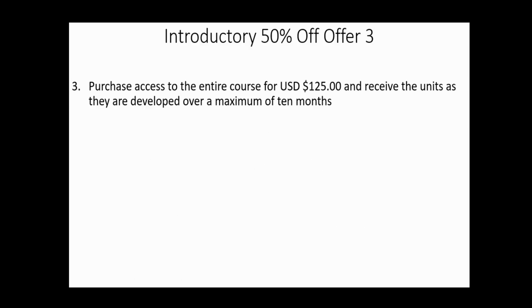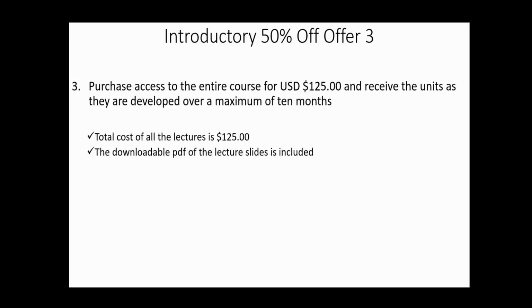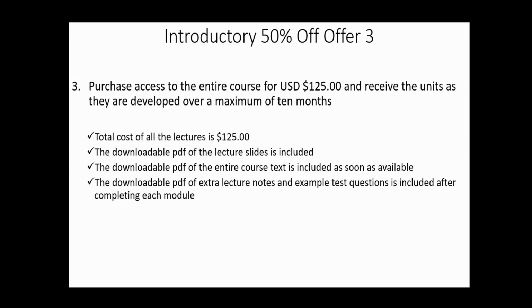The third option is to purchase the whole course entirely at the beginning for a cost of $125 and receive the units as they are developed over a maximum of 10 months. If you choose this option, the cost will be $125, and for that you get your PDF of the lecture slides, you get the text entirely free, and you get the lecture notes and the test questions and everything, all free.